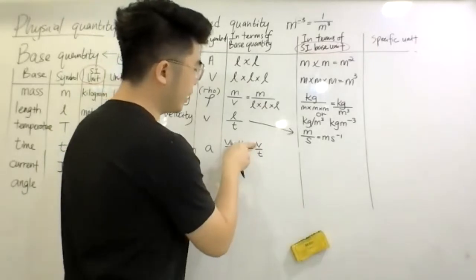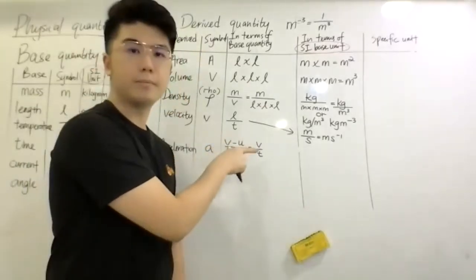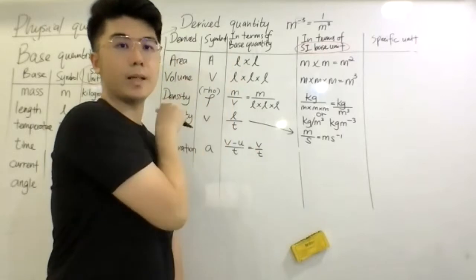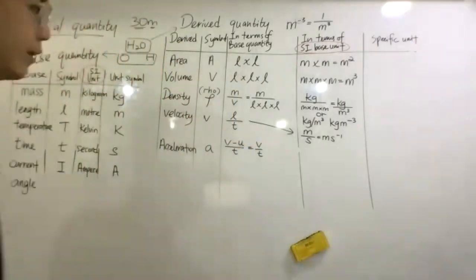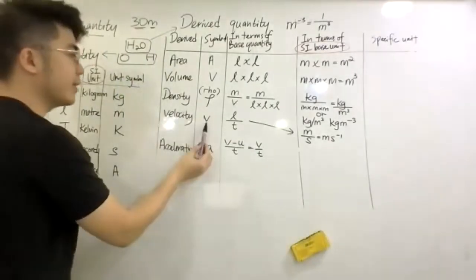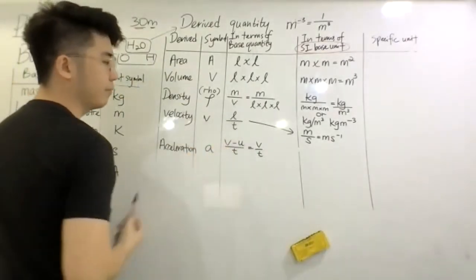But we don't want the velocity to be in here. Again, we want the base quantity. So I want to break down the velocity. This velocity equals what? From the previous one, length over time.